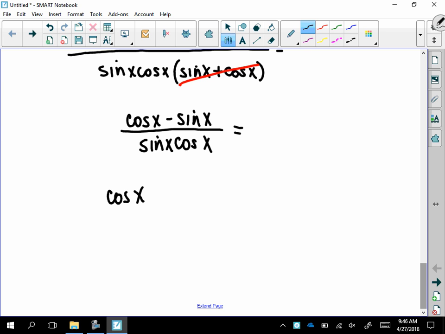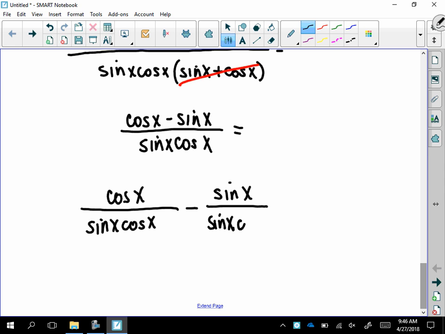So cosine of x over sine cosine minus sine of x over sine cosine. And the cosines cancel, which leaves me with 1 over sine, which is cosecant. And on this one, the sines cancel, so I'm left with 1 over cosine, which is secant. And that was what the other side was originally, so that would work.